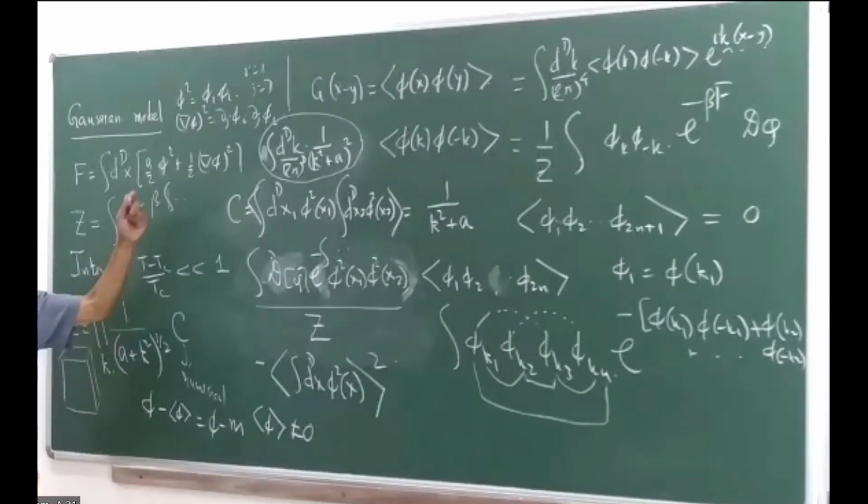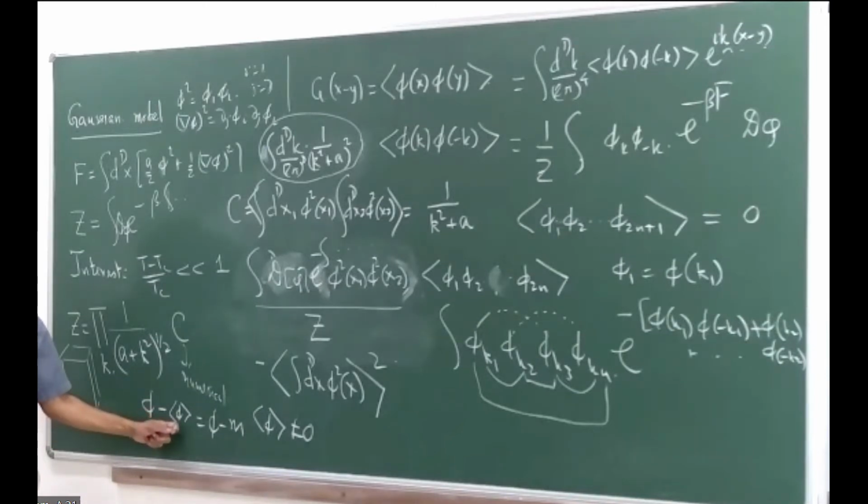But the physics says that the average expectation of phi is not 0. So in order to resolve this, I actually need to work in terms of a field where the expectation value is removed from it. The whole aspect of seeing that below TC that Gaussian model does not work.